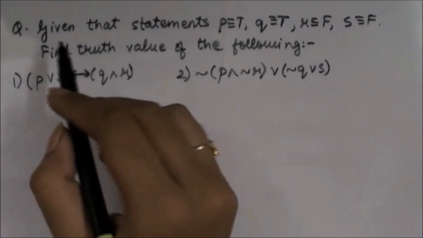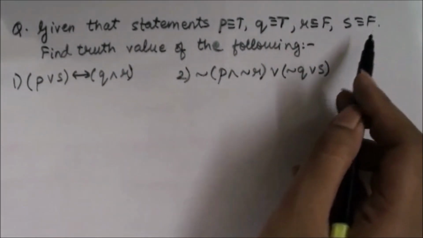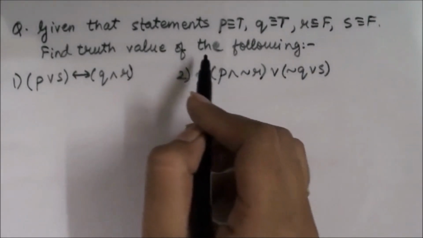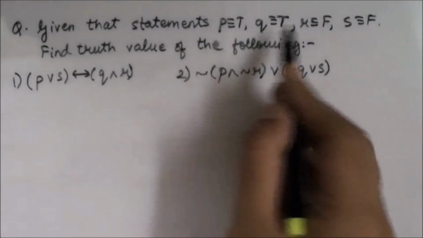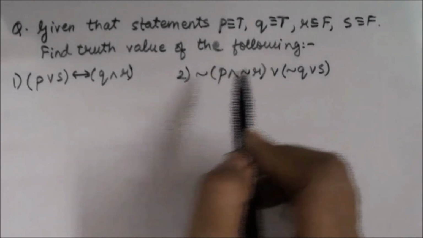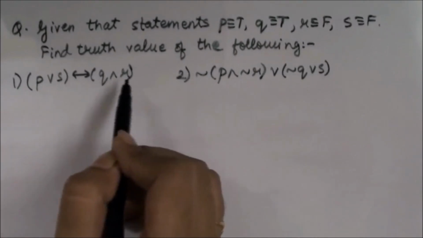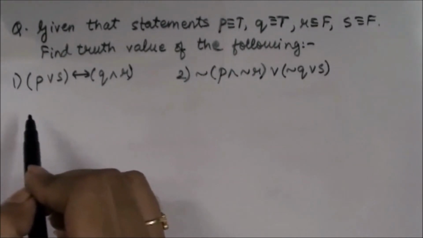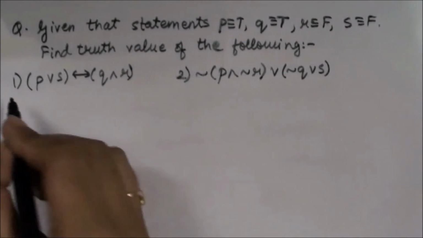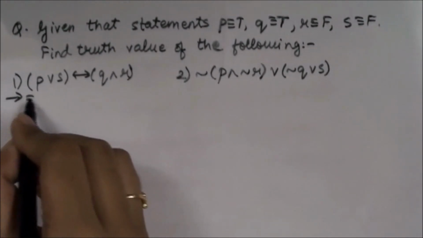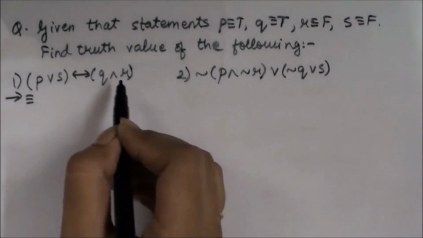Next question is, given that statements P is true, Q is true, R is false and S is false, find truth value of the following. So we have to find truth value of these two complex statements using truth values of these four statements. First question is P or S, double implication, Q and R. So here we are just going to put the truth values of these four statements in their respective positions. So the first one will be, now P is true, S is false, Q is true and R is false.